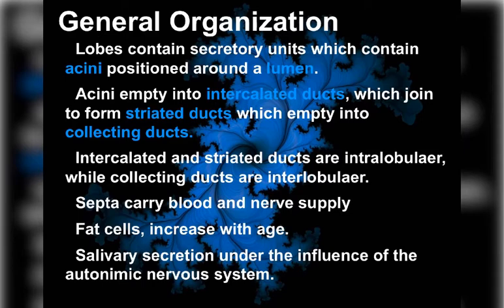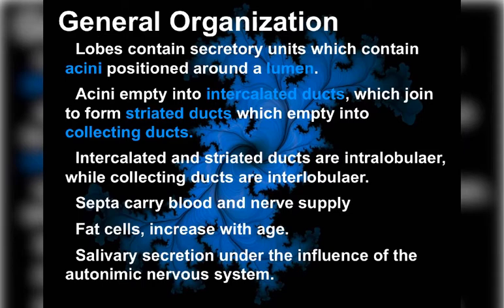This is general, but there are exceptions. This description applies to the submandibular gland and the parotid gland. The submandibular and the parotid have all types of ducts: intercalated, striated, minor collecting, major collecting, and one main excretory duct.